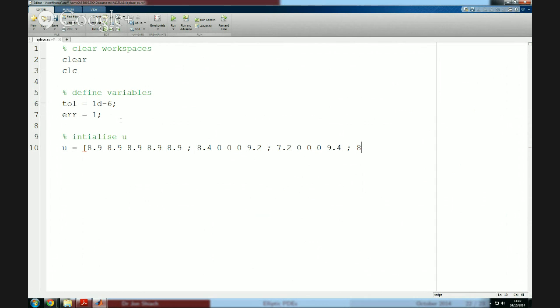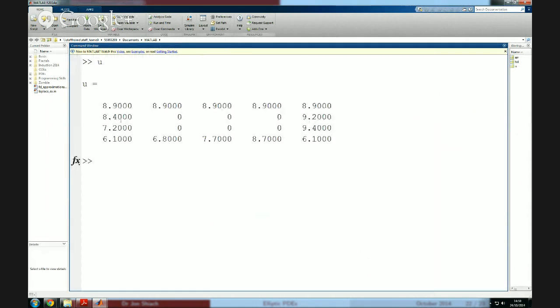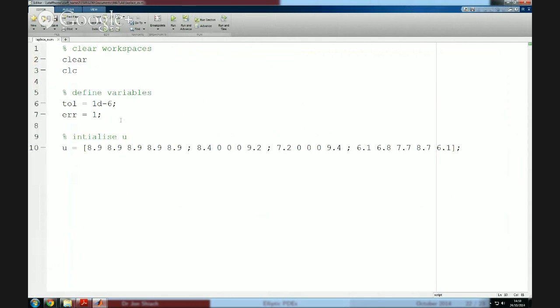We've got 6.1. Should have made these up to be a bit nicer. Let's just run this program right now to check what I've got. Is that working? Looks all right, that's fine.